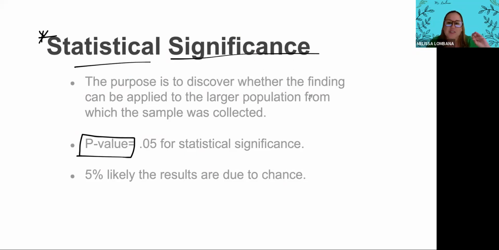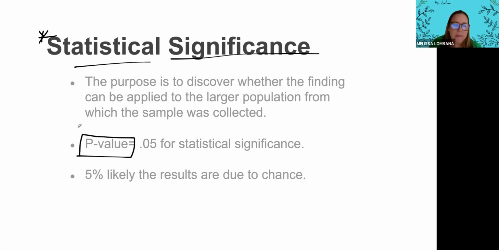So statistical significance is, can you apply these findings to the larger population? Which means if I administer this test again, I am going to get the same results no matter what.